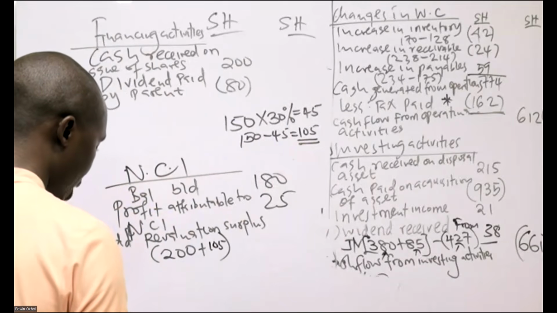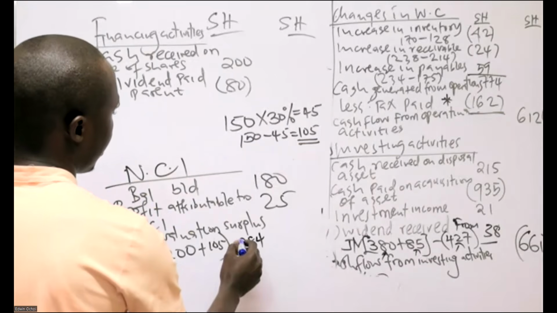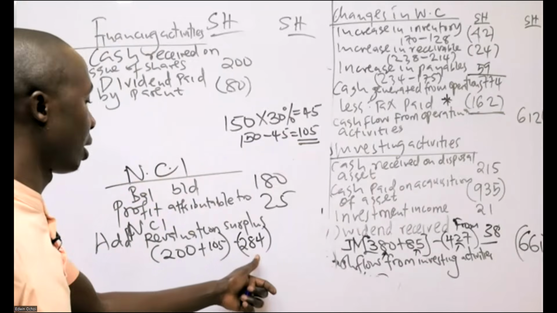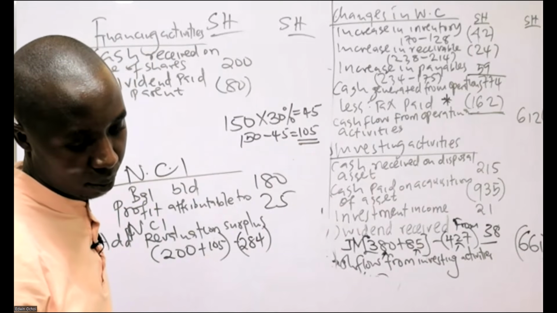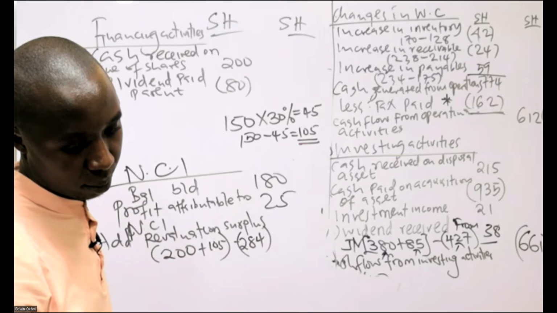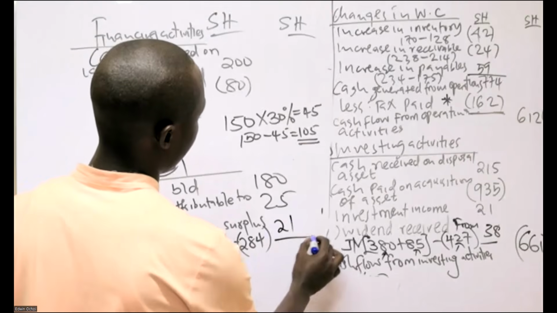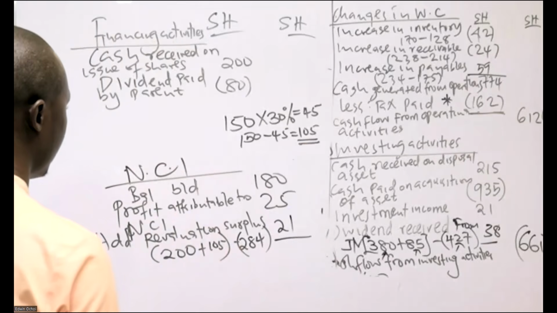So the balance carried down for the revaluation is 284. So that revaluation surplus is 305 minus 284 is 21. Give me the total. 180 plus 25 plus 21.